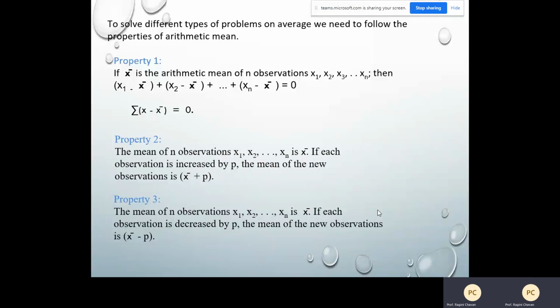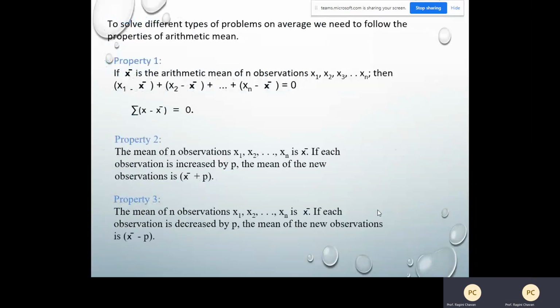This property 2 and 3 is called as change of origin property. Change of origin means in that we are either adding or subtracting one of the constants from every observation, and due to that value of arithmetic mean is going to change. So that is the change of origin property.